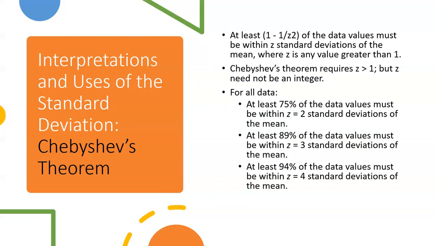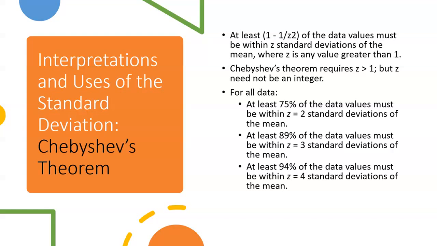And so some ways that we can interpret the use of standard deviation is by using Chebyshev's theorem, which requires that our z is greater than 1. So you're more than 1 standard deviation away from your mean. And so when you're looking at this, you're going to expect that 75% of your data values are going to be within z equals 2 standard deviations. 89% of your data points should be within 3 standard deviations.